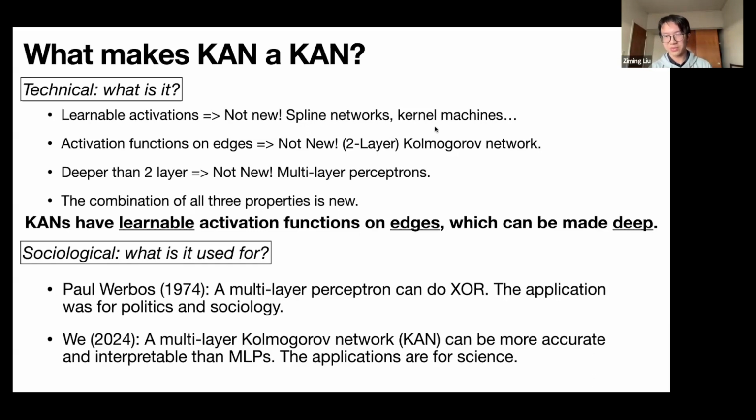Back then their application was basically for politics and sociology. That was why their work did not attract much attention at that time. And we are simply saying that we can extend the two-layer Kolmogorov network into deeper ones, and this can lead to more accuracy and interpretability than MLPs for small-scale scientific problems.